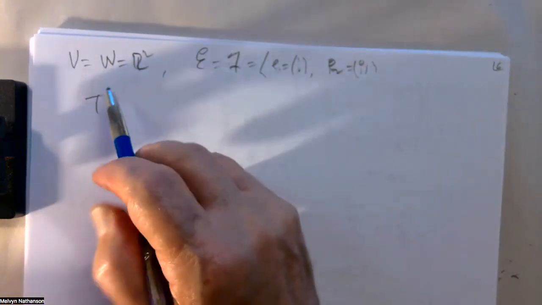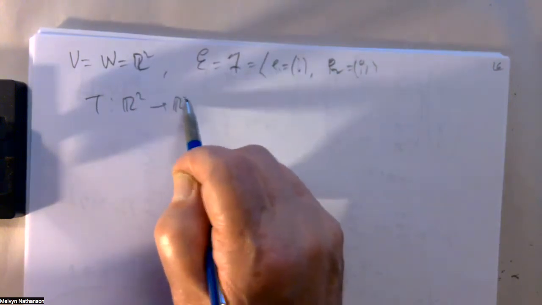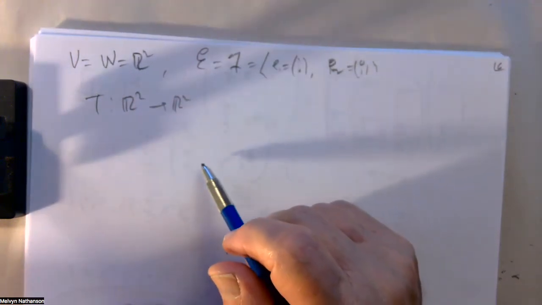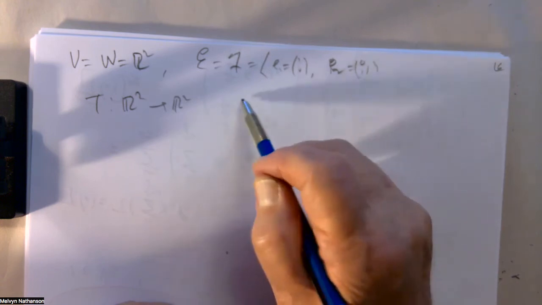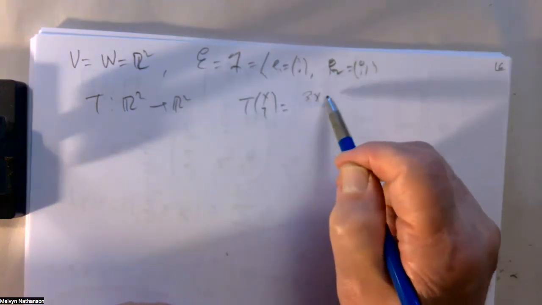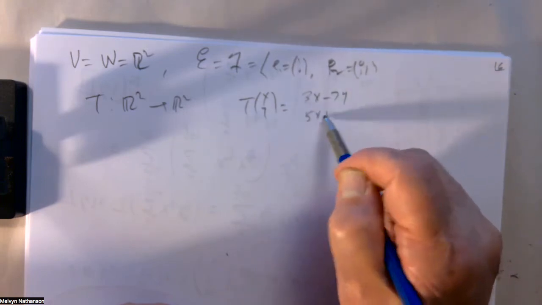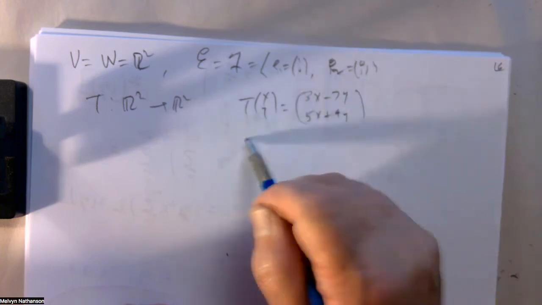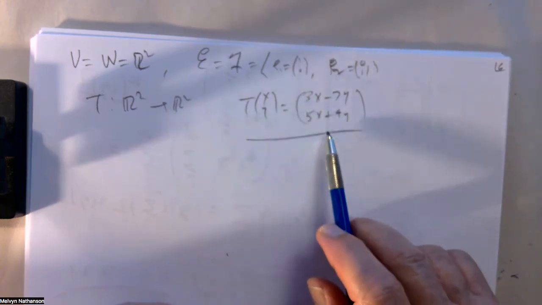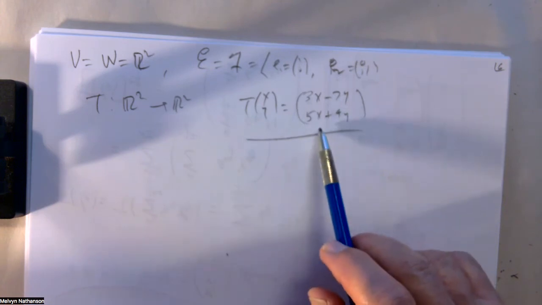And suppose T from R2 to R2 is the linear transformation defined by, let's say, T of (x, y) equals (3x minus 7y, 5x plus 4y). And so this is a linear transformation. One can check directly that this is a linear transformation.